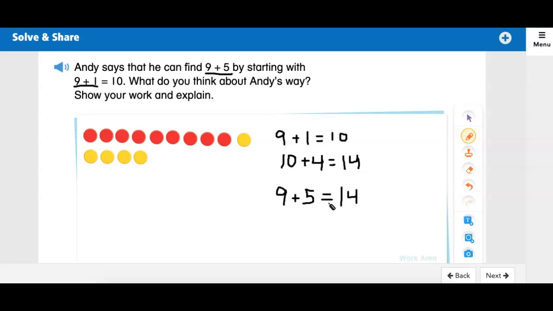So by starting with 9 plus 1 equals 10, I was able to see that we only needed to add 4 more to get to 14. So that helped me solve 9 plus 5 is also equal to 14.